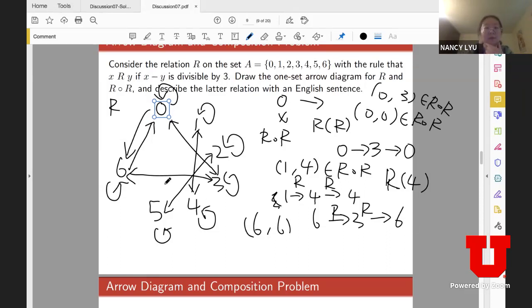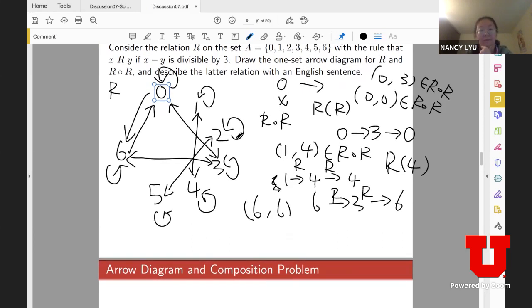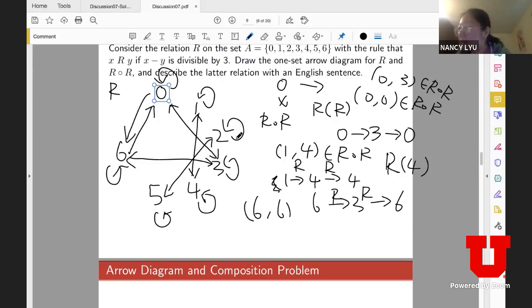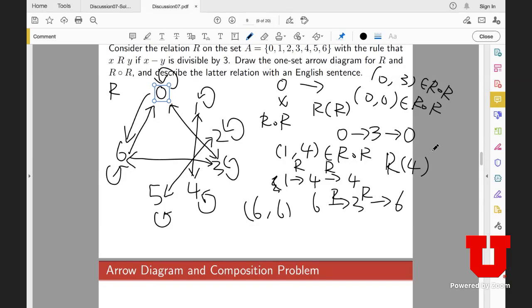So how would you describe R composition R with an English sentence? R means that x minus y is divisible by 3. But what about R composition R? So does that mean y subtract x is divisible by 3 too? Like the backward is also true for that case?